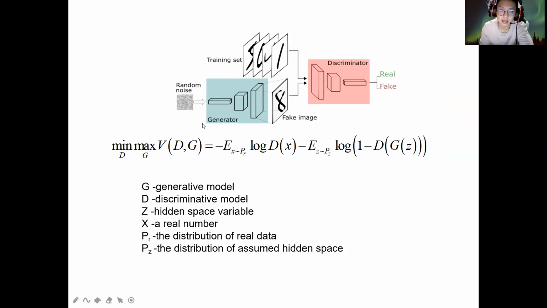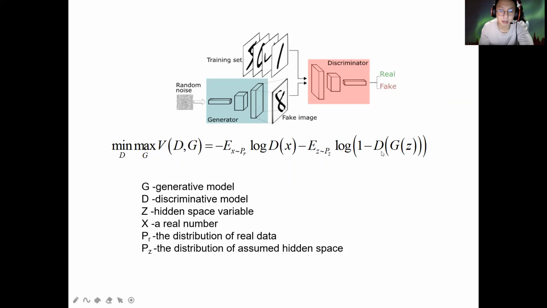The red part we can call the discriminant model D, also called the discriminator, which estimates the probability that a sample comes from the training data.